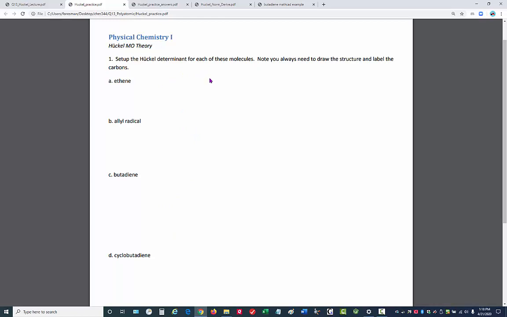The important thing here is to draw the structure and label the carbons, because there'll be carbon 1, carbon 2, carbon 3, etc. You need to label those so that you know which column and which row of the matrix goes with which atom. But after you've done that, see if you can't construct these matrices, and pause the video, come back, and I'll show you the answers.